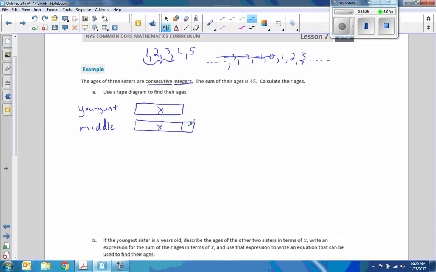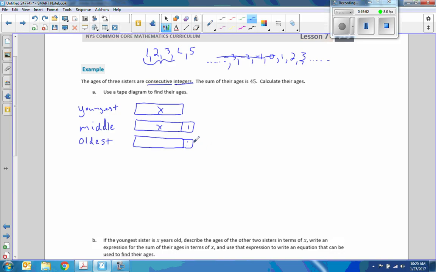So this would be X, and that would be an additional year. The middle child is 1 year older. And the oldest would be the same age as the middle child plus 1 year, so this child is 2 years older than the youngest.